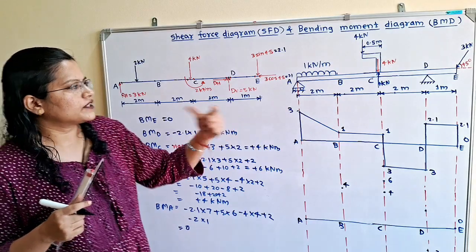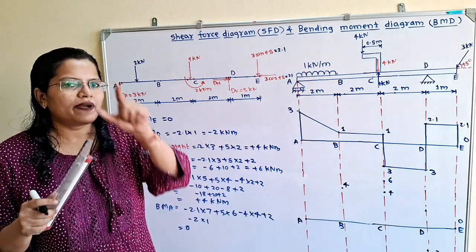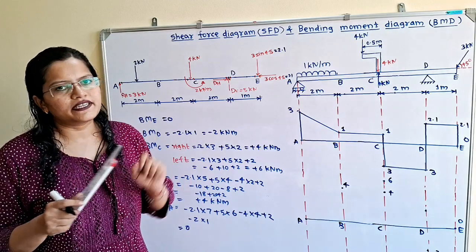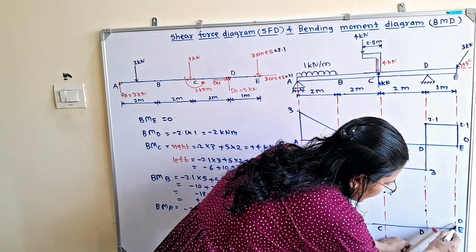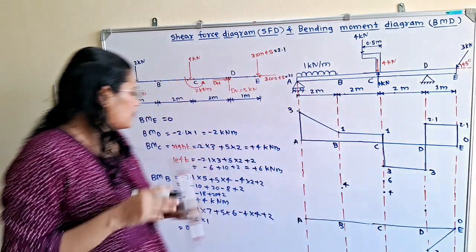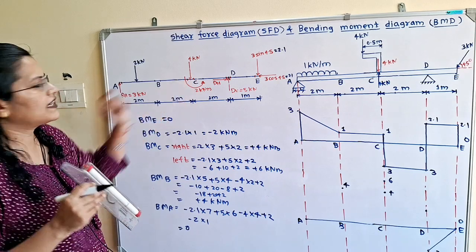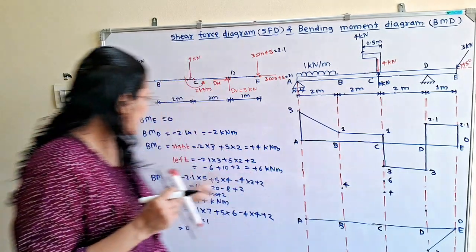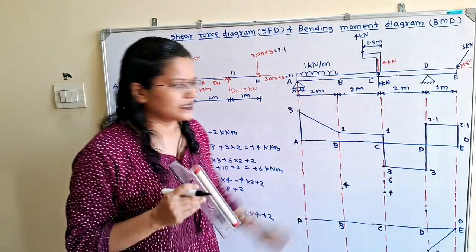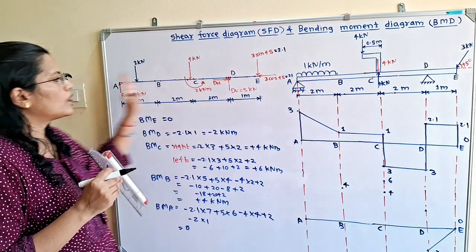Now if we observe in between the span DE there is only point load. So bending moment will vary linearly. So we have to connect this 0 and 2 with a linear line. Now bending moment at point C. So there is right side and left side point. So right side point is plus 4 and left side point is plus 6. Now if we observe, we are moving from right towards left.